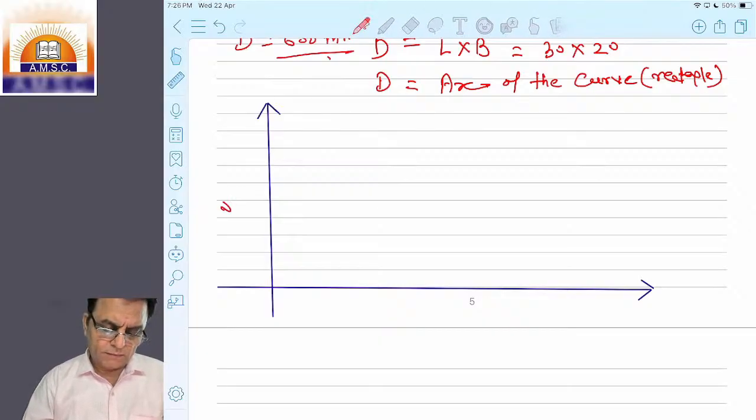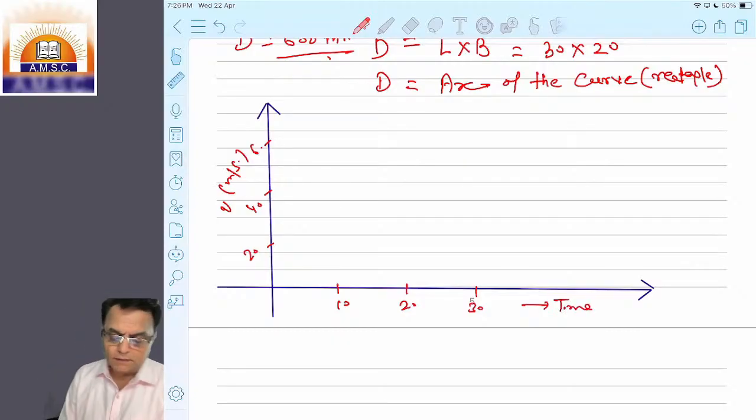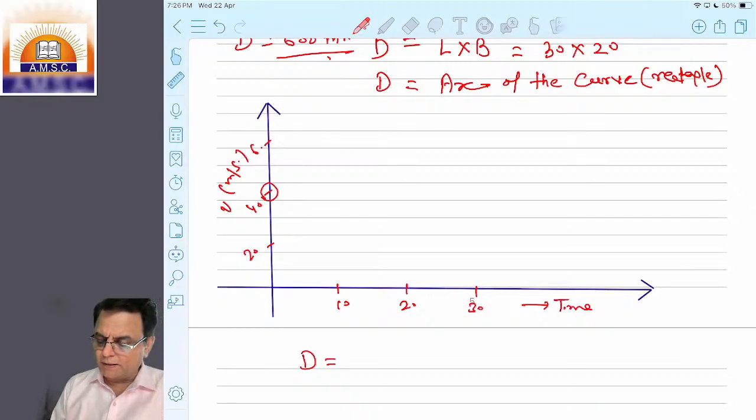This is velocity, meter per second. This was 20, let it be 40, let it be 60. Let it be 10 seconds, this is 20 seconds, this is 30 seconds. Time. So my question is to you, find out the distance graphically. When the object right from its beginning of motion acquires a speed of 40 meter per second, what is the distance traveled by the body in 30 seconds? तो हम क्या करेंगे?